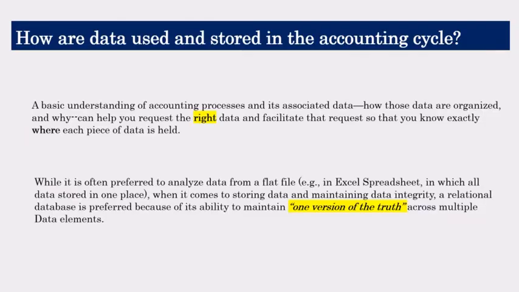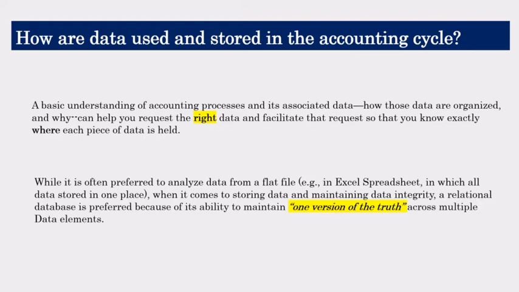Now, how are data used and stored in the accounting cycle? A basic understanding of accounting processes and its associated data can help you request the right data, so that you can know exactly where each piece of data is held.